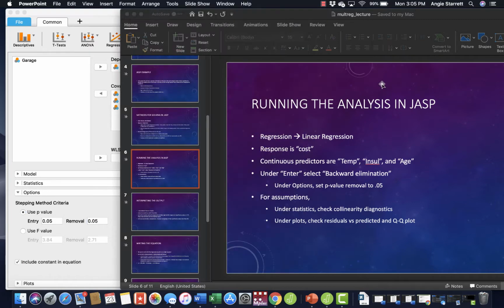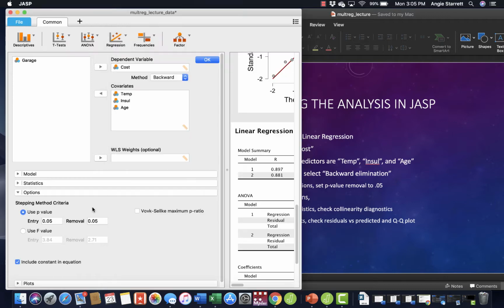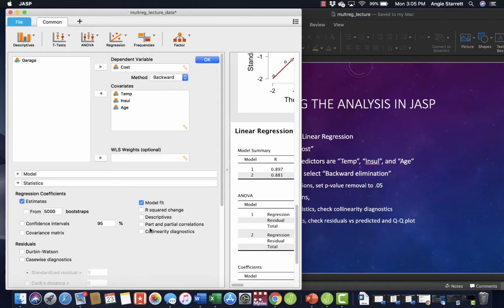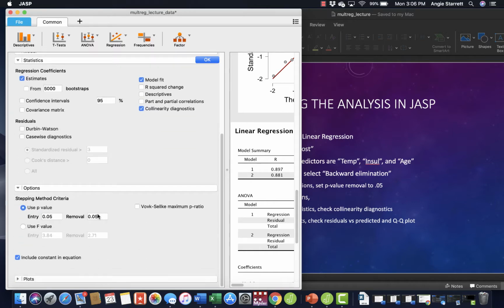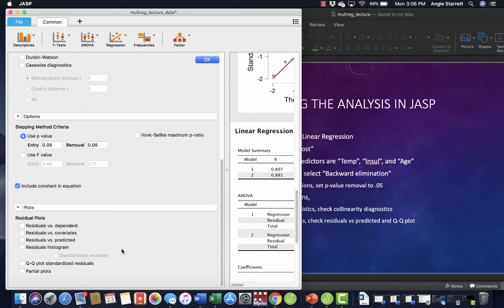And then the last thing we want to do is make sure we're checking for our assumptions. So under statistics, we're going to check collinearity diagnostics. And under plots, we're going to check residuals versus predicted and the QQ plot.